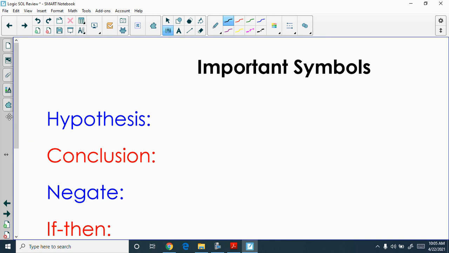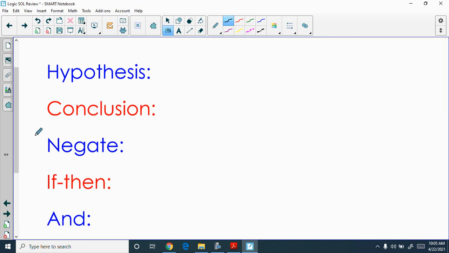So we've got some important symbols that I've already given you, and we're going to actually go back and look at symbols once we've talked about them. So we know that the hypothesis is P, the conclusion is Q. Now to negate, like we do for the inverse, it's the little squiggle is what I call it. We used it for the similar triangles as well.